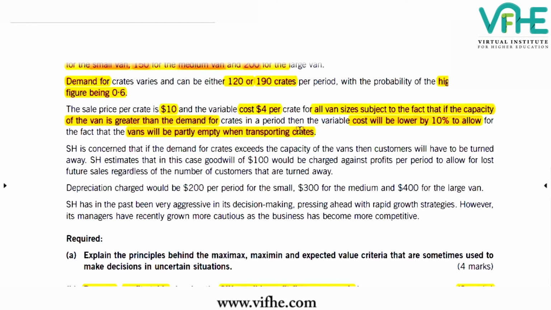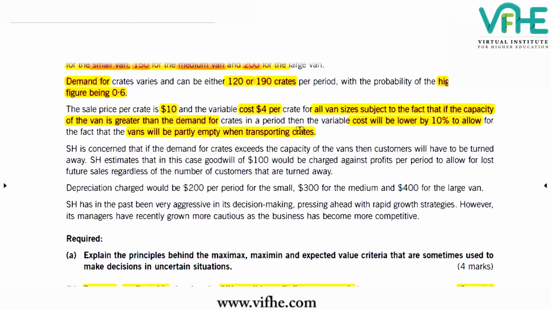Just keep this in your mind, this applies when the capacity of the van is more. Let's suppose in a van there are 100 seats available, so 100 people can sit in the van. So the capacity is 100, but the demand is less than the capacity.